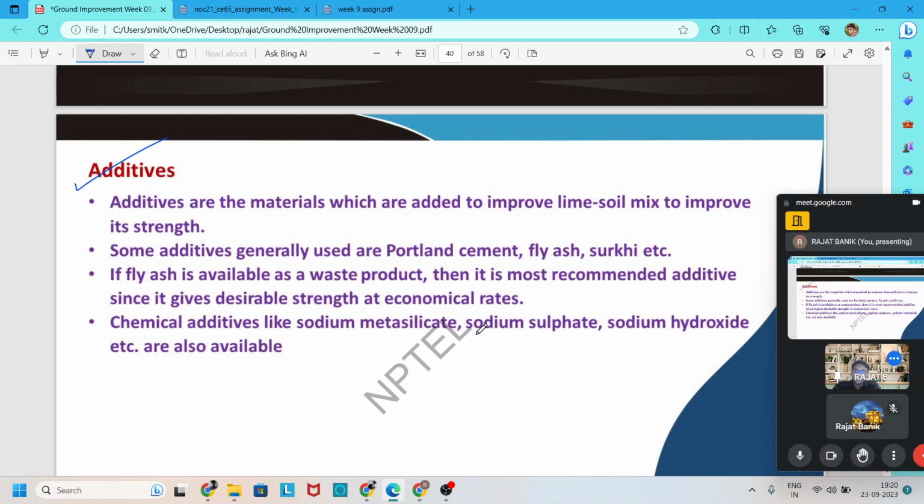We know fly ash is a waste product, so we can use it during lime stabilization, and it gives very good desirable strength and is also economic. Chemical additives like sodium metal silicates, sodium sulfate, and sodium hydroxide are also used to accelerate the reaction between the lime and soil.